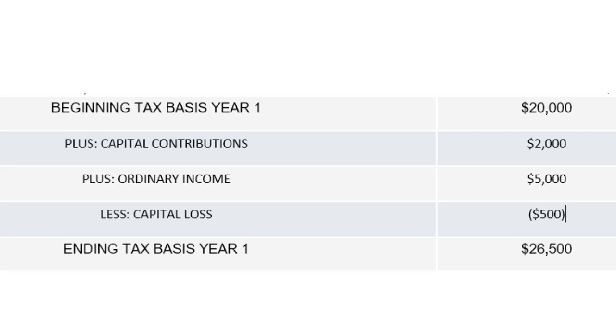You also add the ordinary income of $5,000, and then you subtract the capital loss of $500. We're going to put this on the screen. So when you take $20,000 plus $2,000 plus $5,000 minus $500, the final amount here is $26,500. That's the ending tax basis at the end of year one.